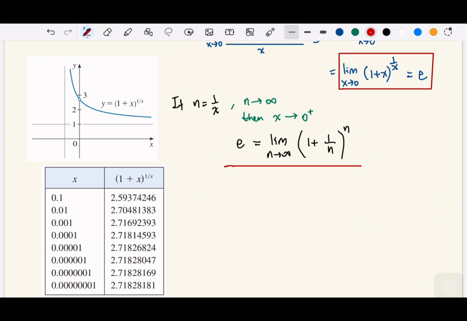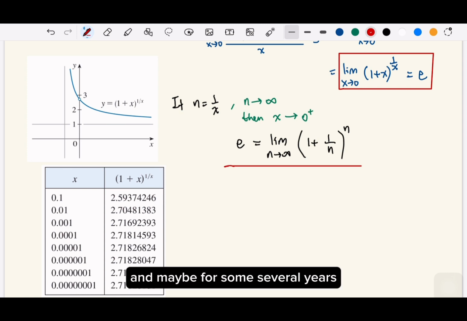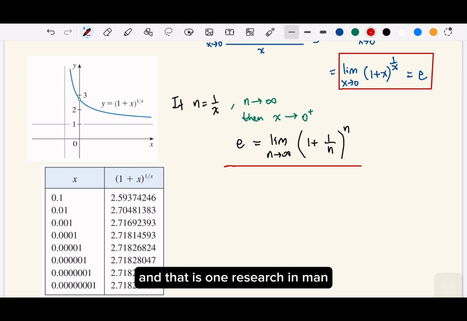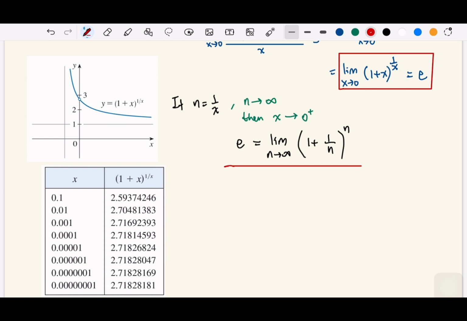No one knows. Maybe for several years, some scientists found another decimal, I'm not sure how many decimals have been found. And that is one research in math, to find the decimals behind the e.